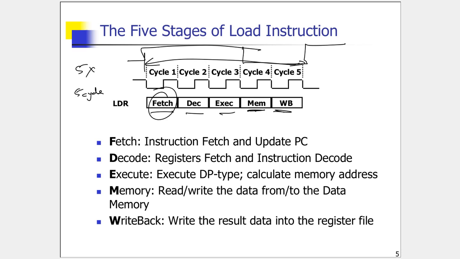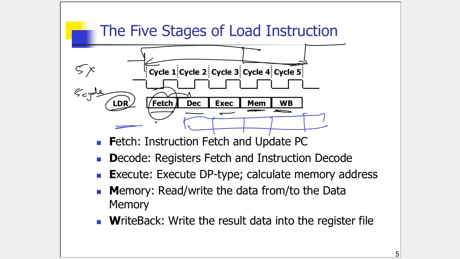Then why do we do pipelining? Well, the idea is that when this LDR instruction, or any instruction that comes in first, goes from fetch to decode stage, the next instruction can go from not existing inside the processor to the fetch stage. So you can see that in cycle 2, the next instruction will be started, and it runs all the way until cycle 6.